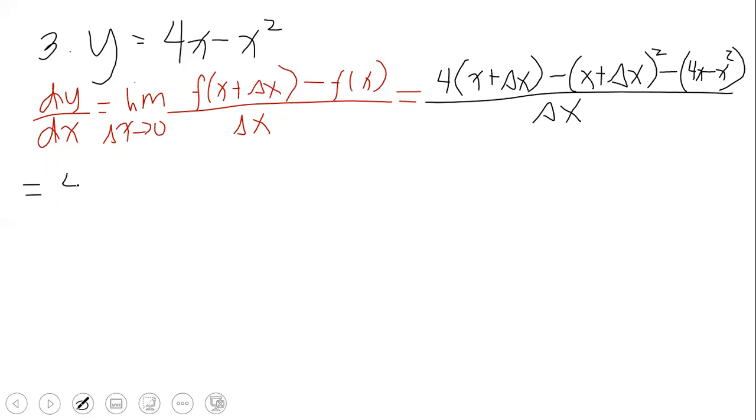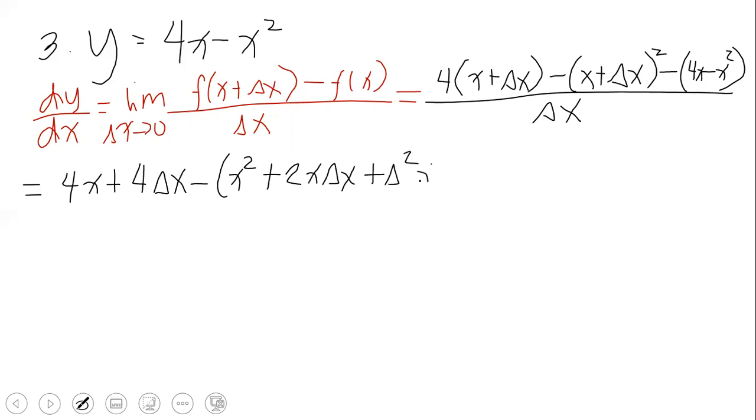So, ang mangyayari, that will be 4x plus 4 delta x. Tapos, sundan natin ng quantity x squared plus 2x delta x. Then, ang last term, that will be plus delta squared x.